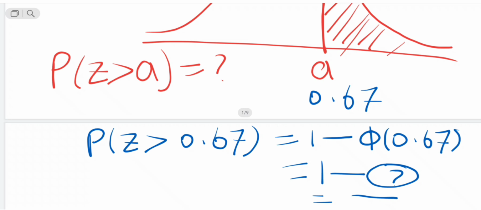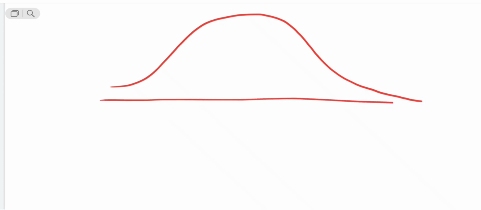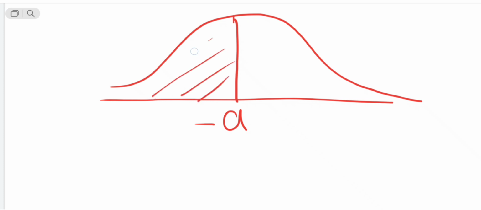Then there is another possibility. If the graph is like that and they give you the value A negative, and they ask you to find less than. Now if you see the Z table, all values are positive.